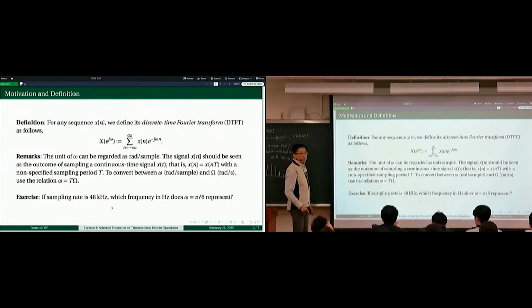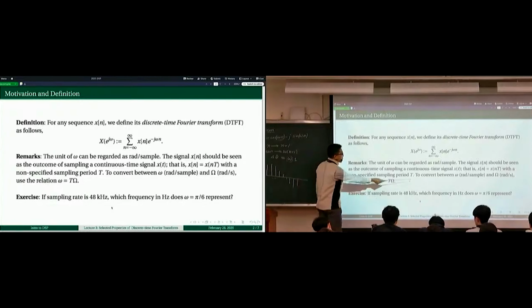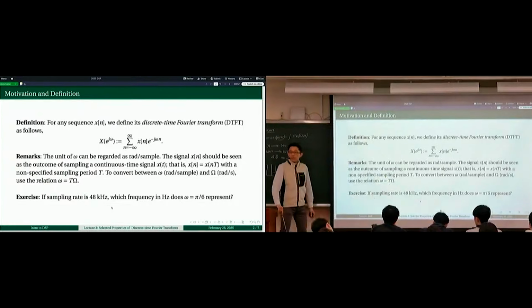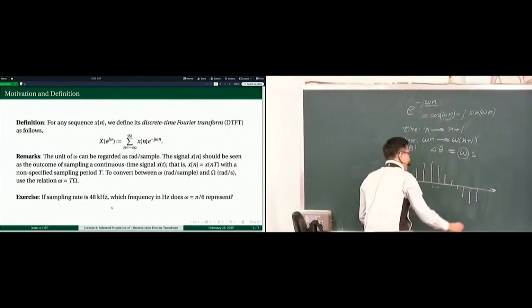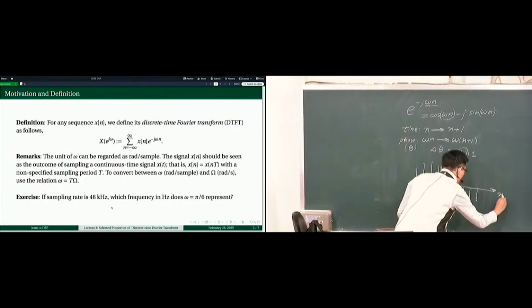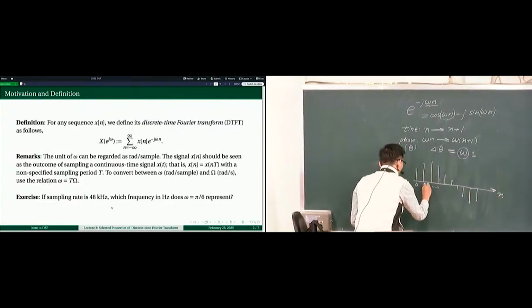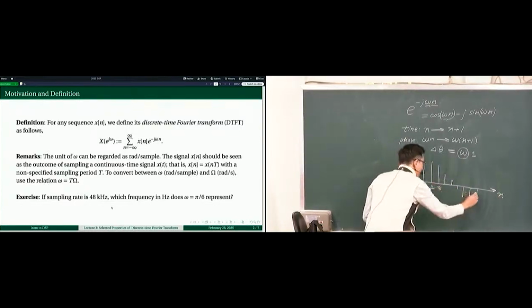So now the next thing I want to bring up is that there is a convenient way to convert between small and big omega. Okay? Small and big omega. So the idea really is when we say this is n, it is 0, 1, 2, 3, and so on.